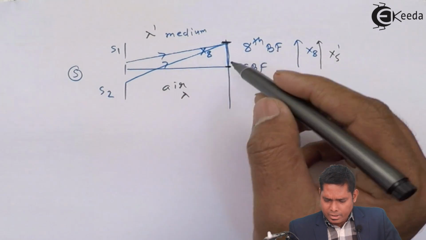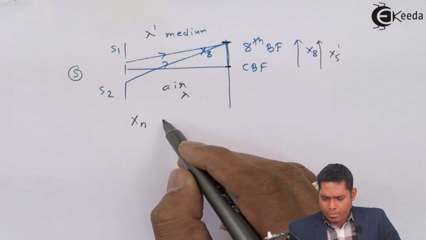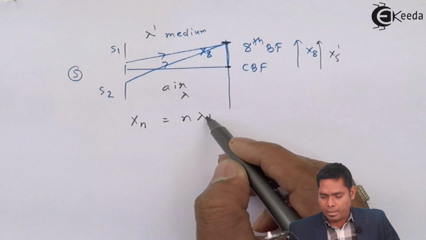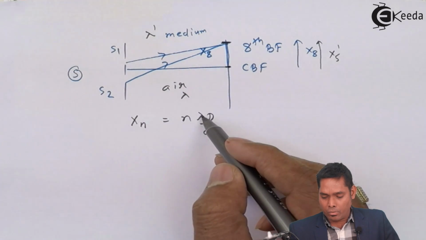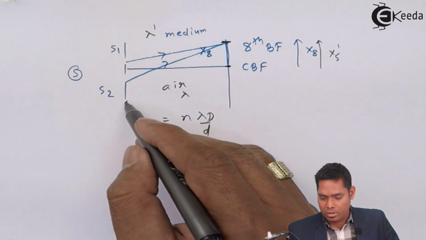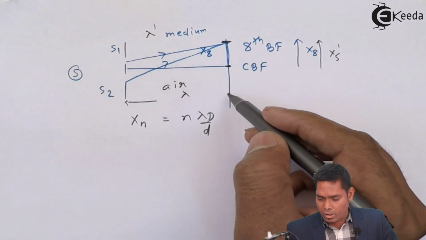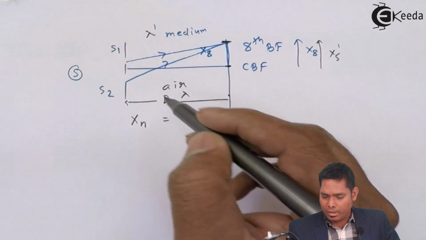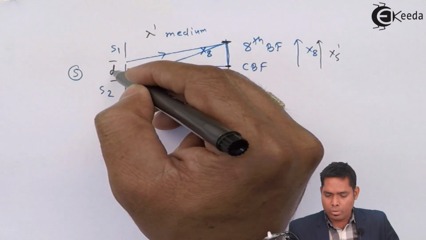Now we know the general expression for the nth bright fringe position is n lambda D by d, where lambda is the wavelength used, n is the order, capital D is the distance between the screen and the slits, and small d is the separation between the two slits.